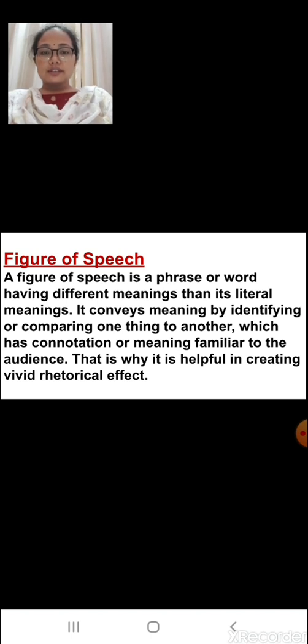It is a phrase or word having different meanings than its literal meanings. It conveys meaning by identifying or comparing one thing to another which has connotation or meaning familiar to the audience. That is why it is helpful in creating vivid rhetorical effect.